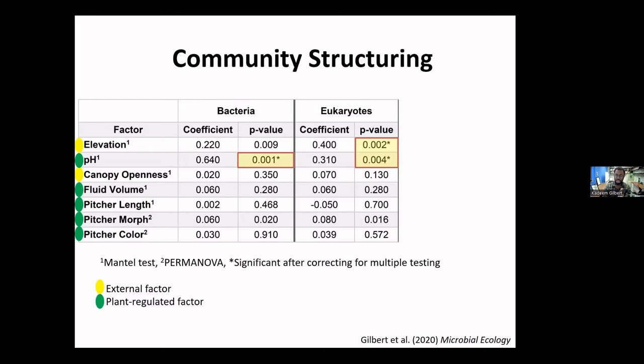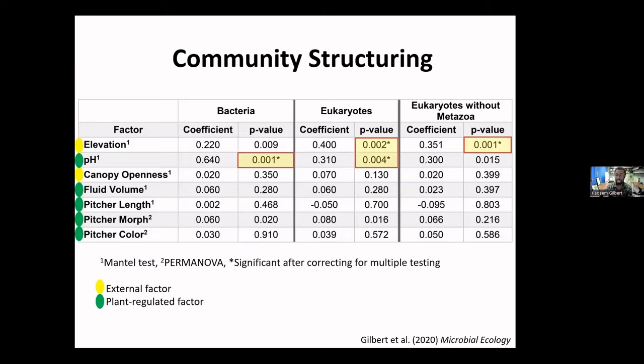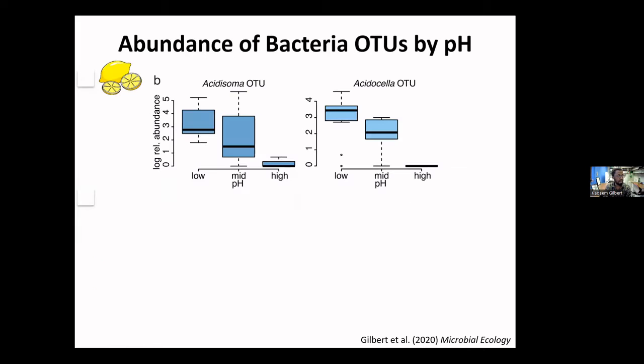So I reanalyzed the eukaryotes without the multicellular organisms to understand really what's happening with the microbes. And it turns out, quite surprising to me, that unlike bacteria, pH was not really important to these unicellular eukaryotes, but rather elevation strongly was, just like it is for the insects.